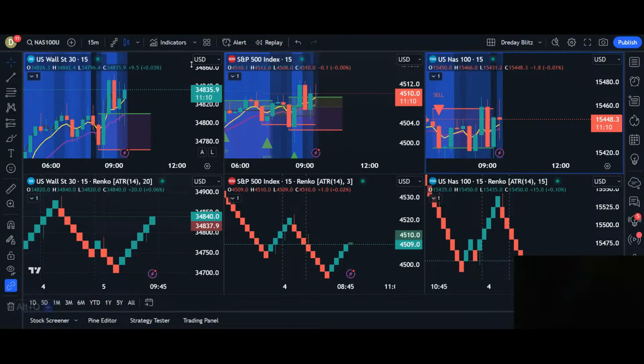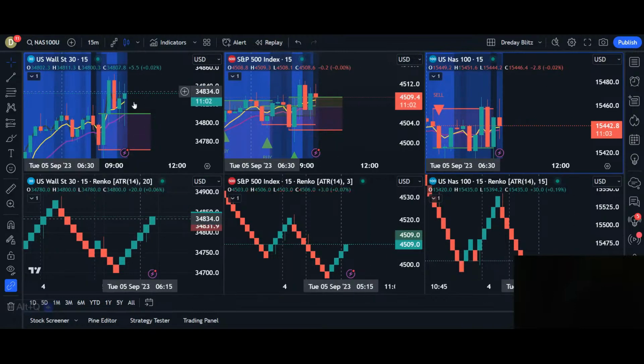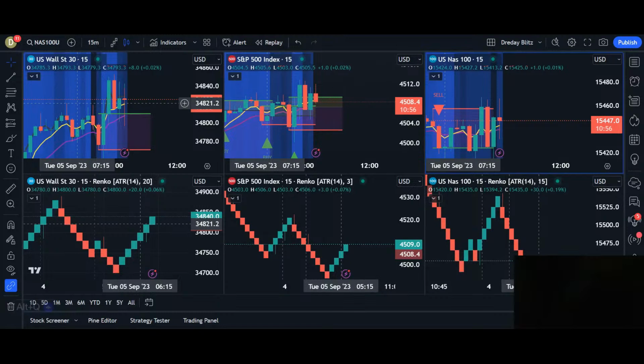So another thing, I'm going to explain exactly the color in the back of the candlesticks here. This is called the well indicator. Basically, it's giving me an indication of where the market has bigger volume than at other times.